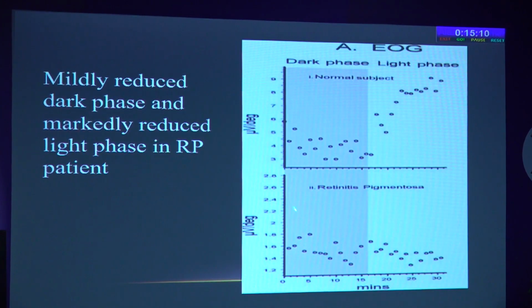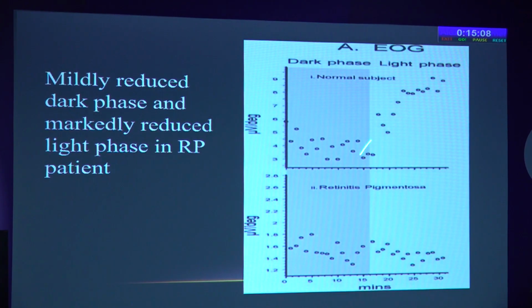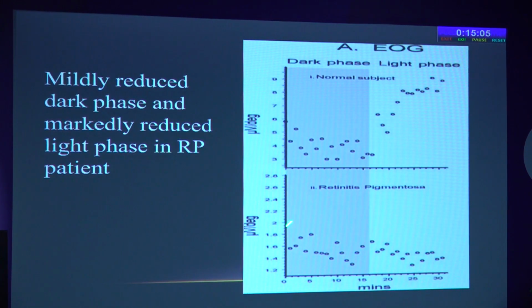Here both in the dark as well as light phase, it is depressed. It is not in a wave pattern; instead, it is represented as dots. So compare it with this, it is abnormal. Here you can see the Arden ratio when it is given. Then you will be able to make out that it is an abnormal thing.